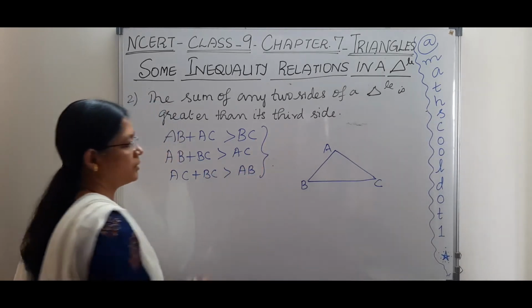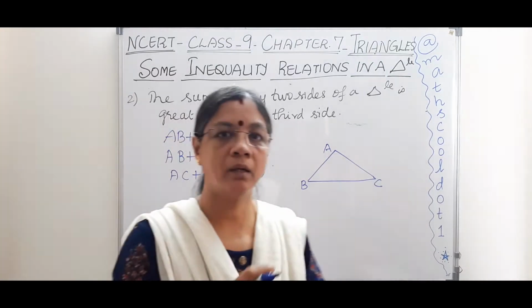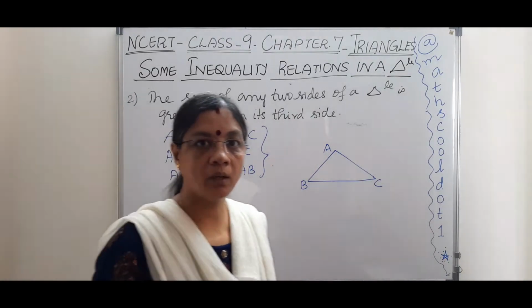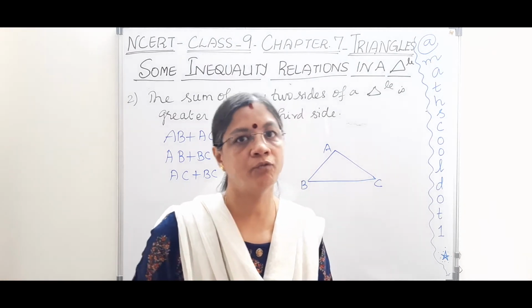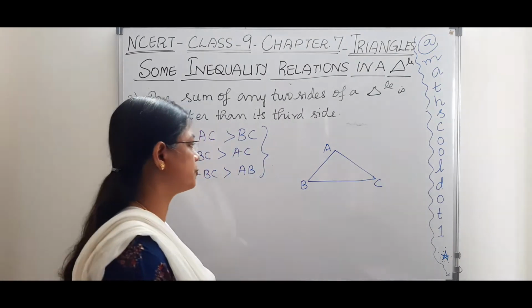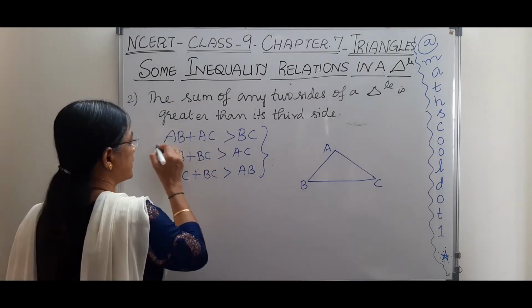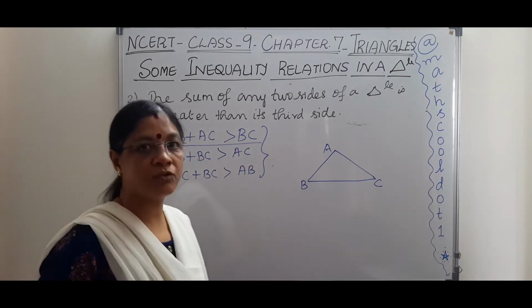All three conditions can be proved, but it's enough if we prove just one relation, and similarly we can follow the same steps for the other two also. Now let's take the first relation, AB plus AC is greater than BC.